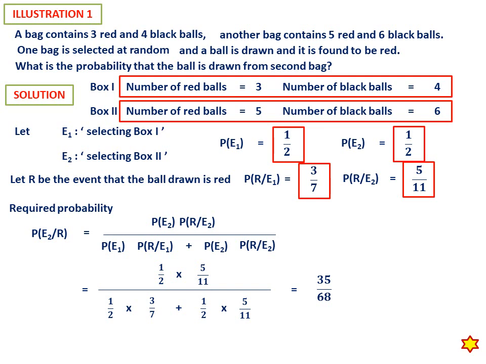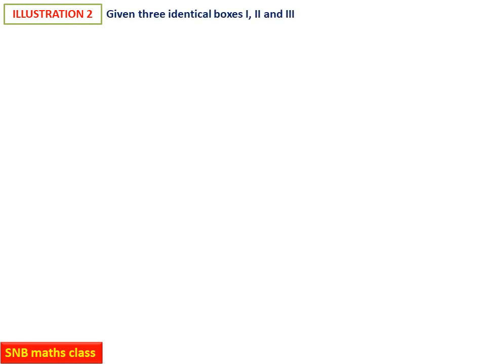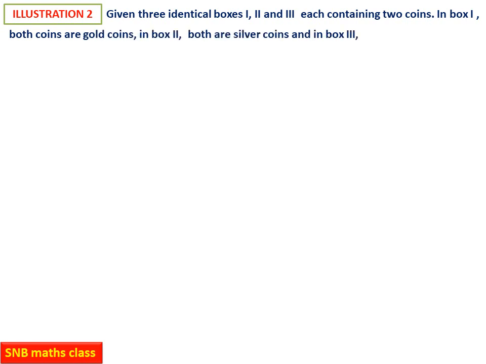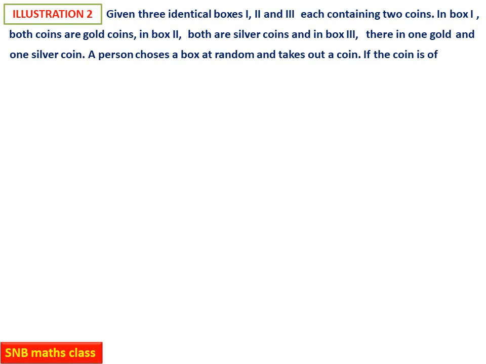So let us work out a few more illustrative examples in this lesson. Illustration 2. Given three identical boxes 1, 2 and 3, each containing two coins. In box 1, both coins are gold coins. In box 2, both are silver coins, and in box 3, there is one gold and one silver coin.